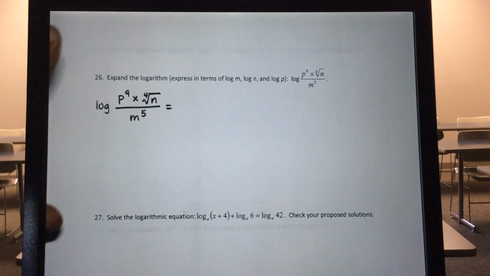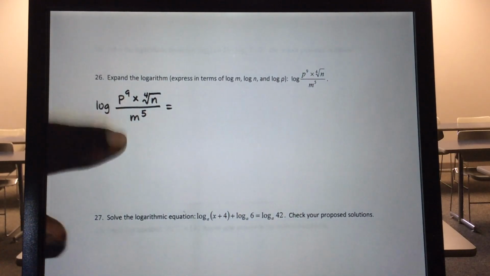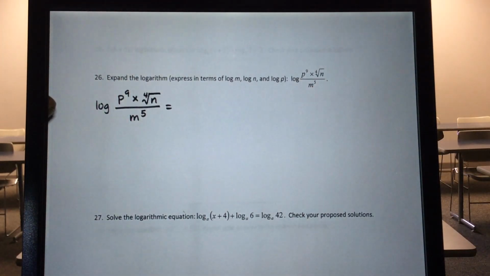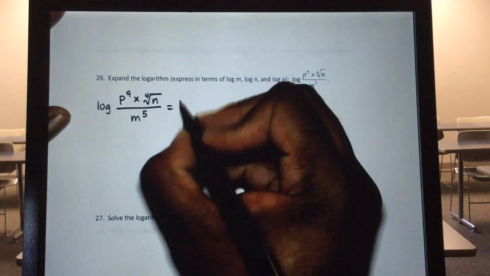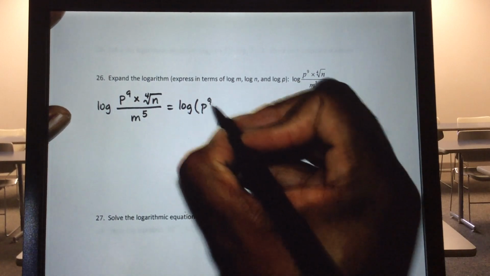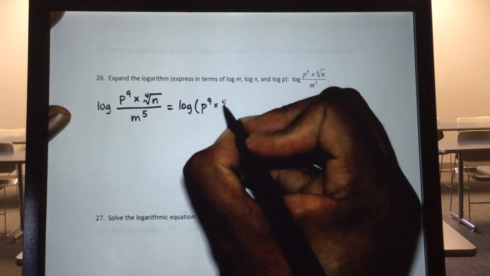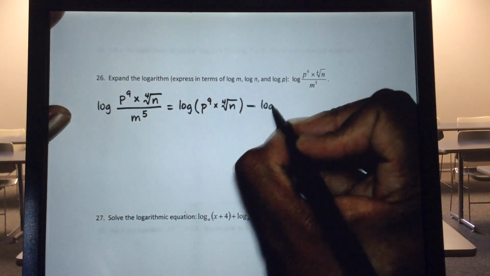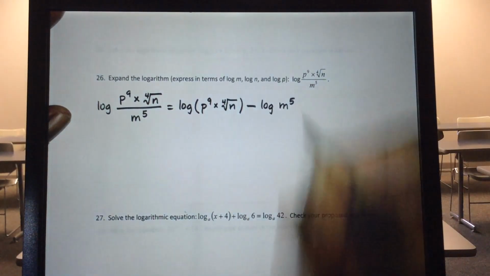Right off the top, I see we got a numerator and a denominator. That tells me I have a log of the quotient. That means I need to apply the quotient rule by expanding that as the log of the numerator, which is p to the 9th times the 4th root of n, minus the log of the denominator, m to the 5th.